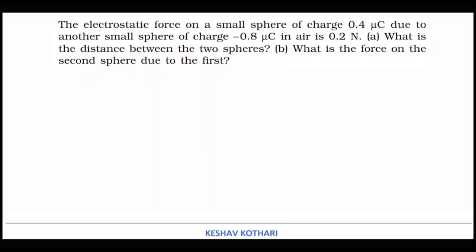So if we begin solving this second problem, we can solve it in this way. We have a small charge which I am calling Q1, which is equal to 0.4 microcoulomb, that is 0.4 into 10 to the power minus 6 coulomb, and the other one is minus 0.8 into 10 to the power minus 6 coulomb, and the force between them is equal to 0.2 Newton. The separation between them is not given.